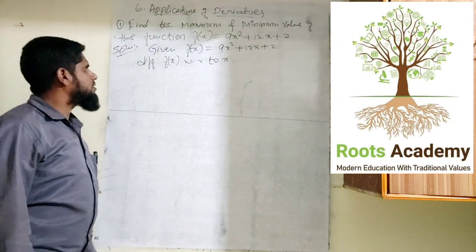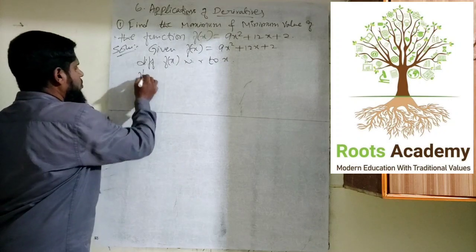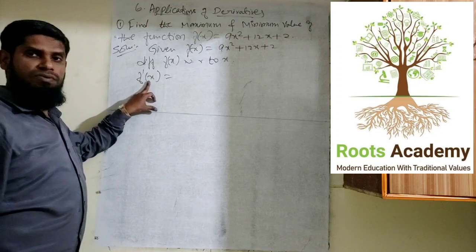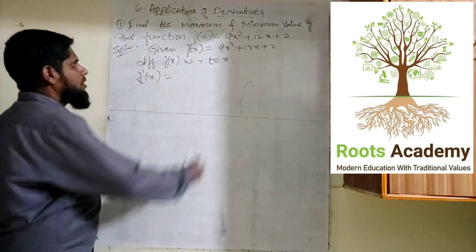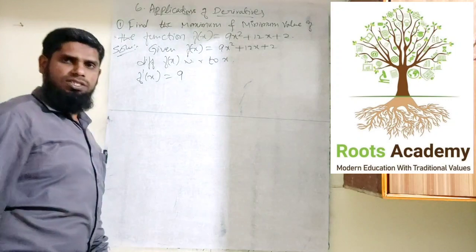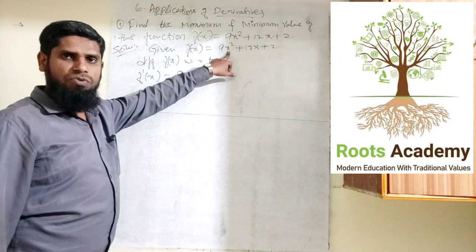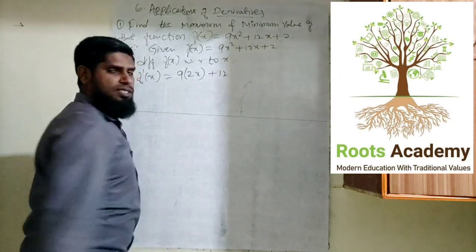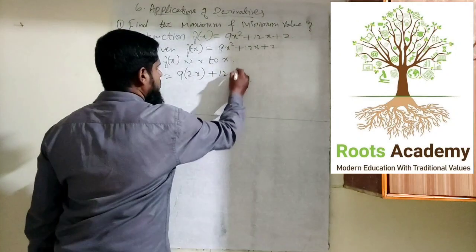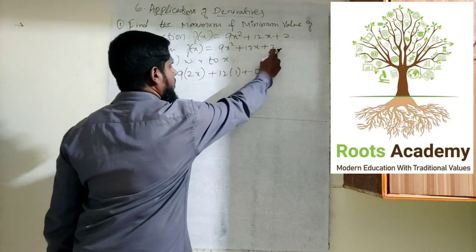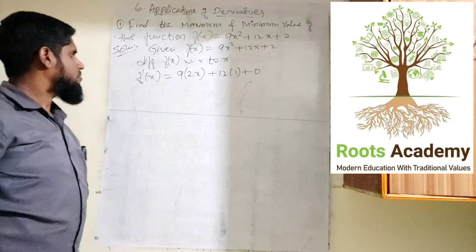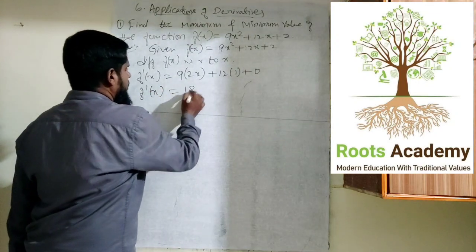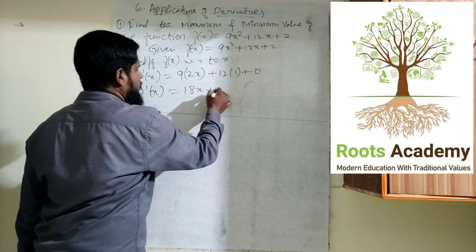So what do we get? f dash of x is equal to 9 as the coefficient as it is. The derivative of x square is 2x, plus 12 as it is. The derivative of x is 1, plus the derivative of a constant is 0. Finally, our f dash of x is equal to 18x plus 12.